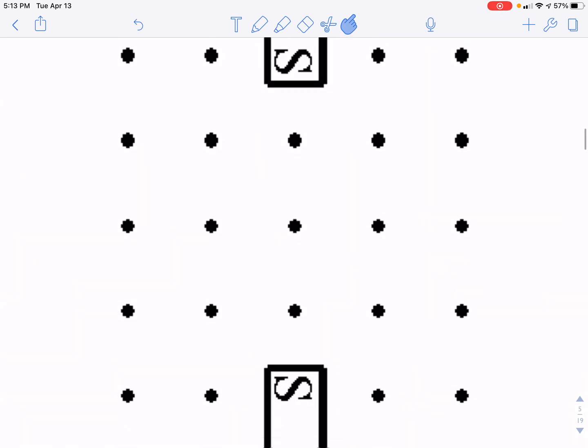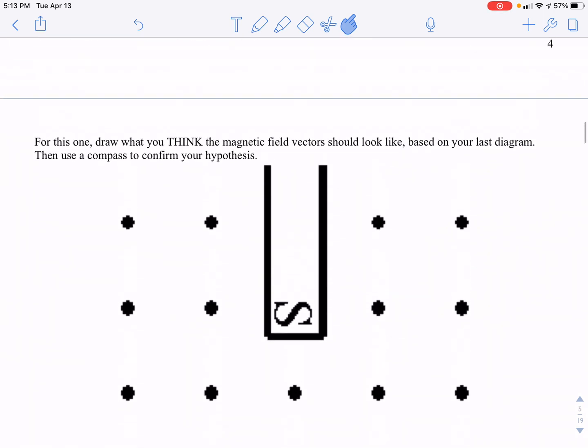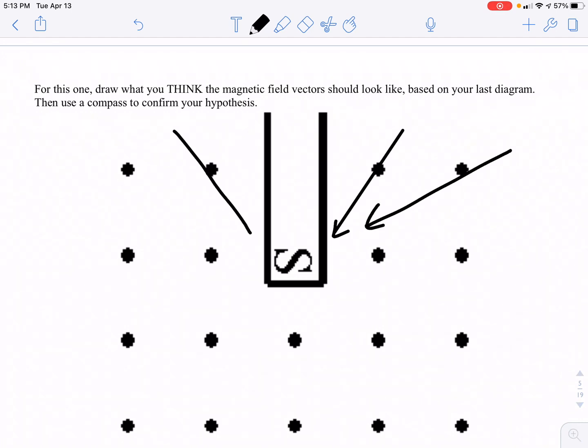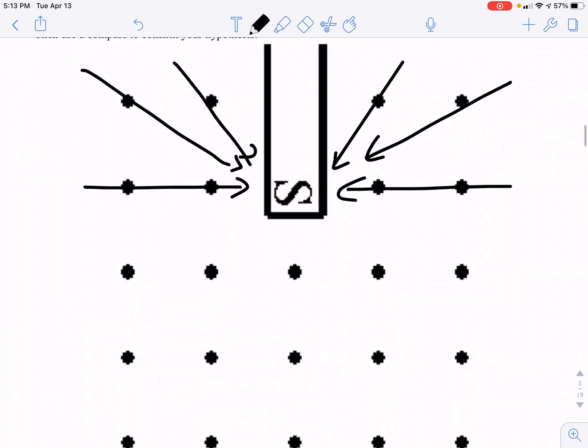Well, the same situation is going to occur with two south poles. They would repel each other, but this time all of the vectors are pointing in to the south pole. Just like this.